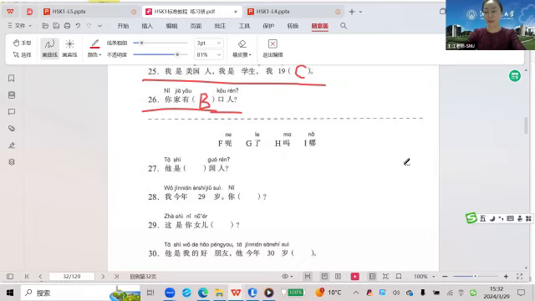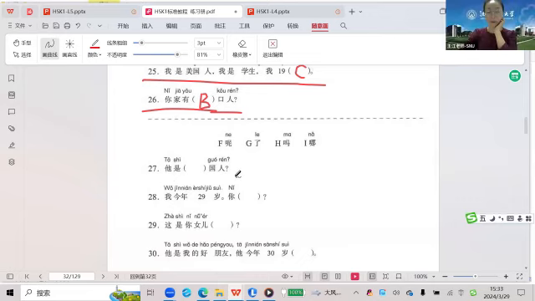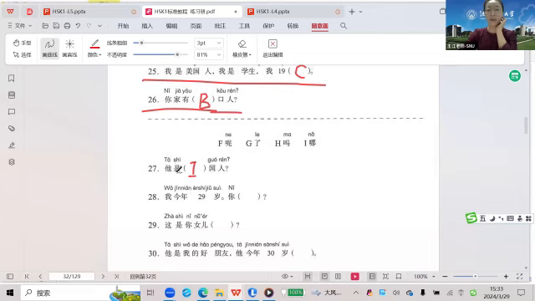Number 27. Hafiz Muhammad Yasser. 他是哪国人？ That's right. Which country is he from? Okay, number 28. Abda Kahadim.